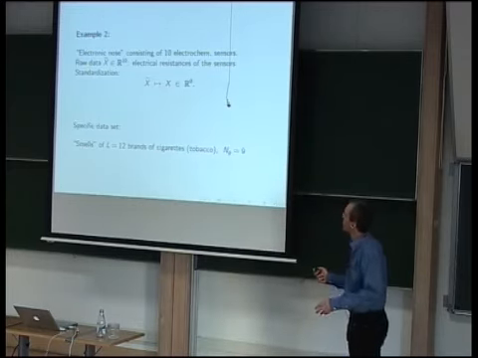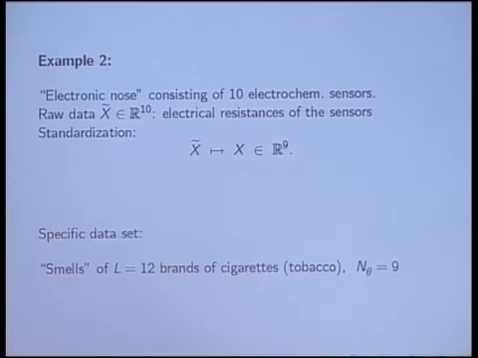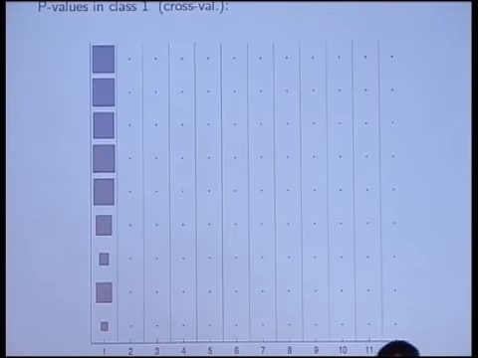And since all of them were heavy smokers at that time, they provided us a data set. They considered 12 different brands of cigarettes, and they made measurements with a sensor array, 9 measurements per group. So you have 12 different classes and 9 measurements per group. Then you use these p-values, these typicality indices, and each row here corresponds to an observation.